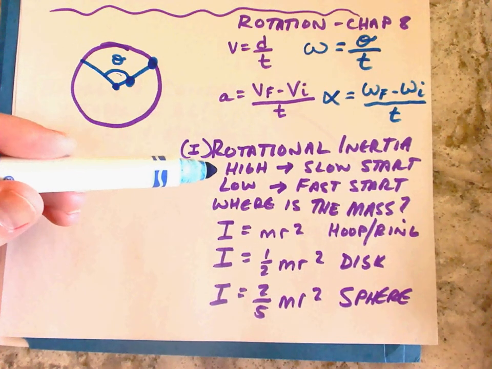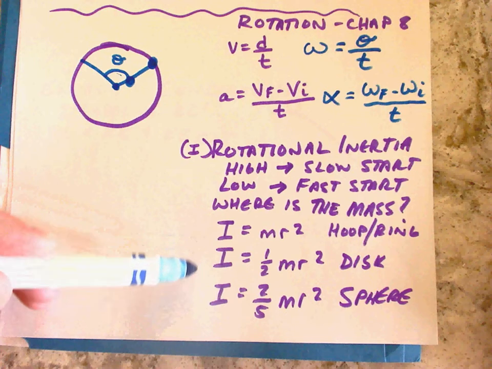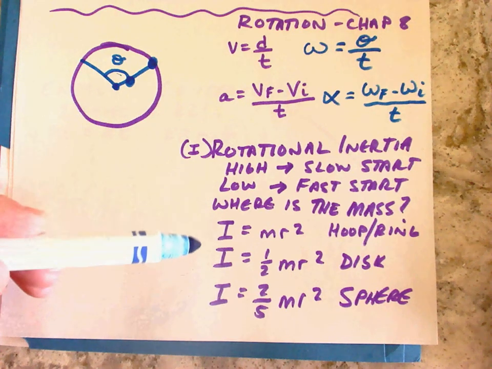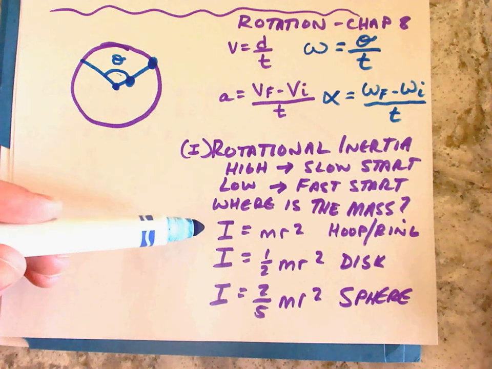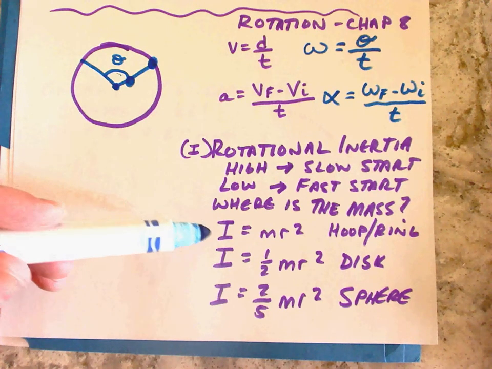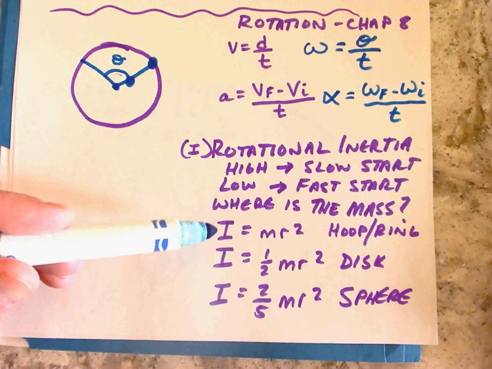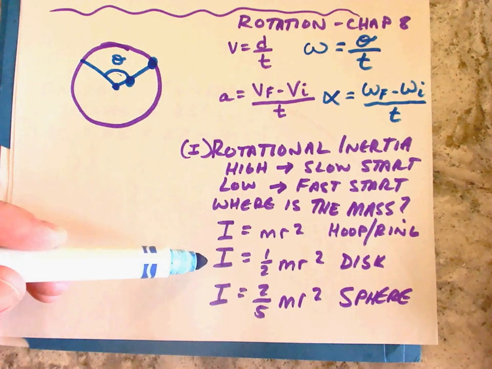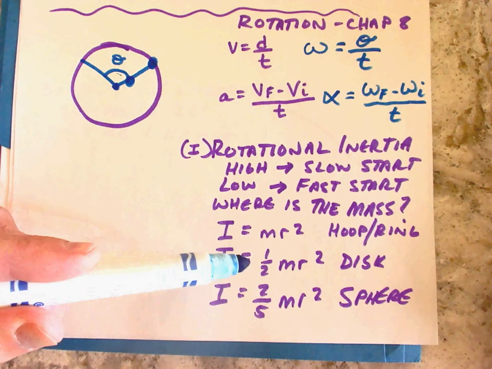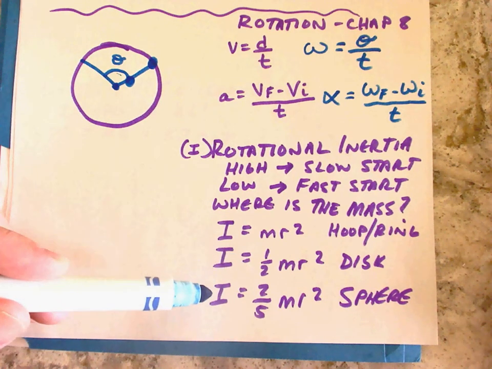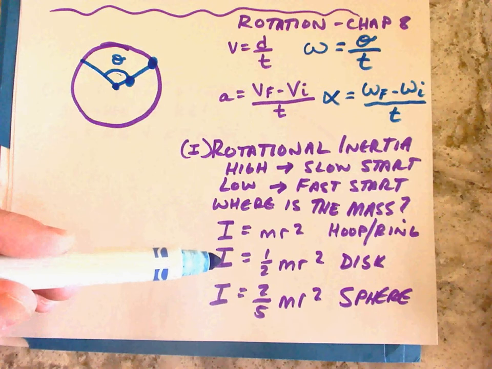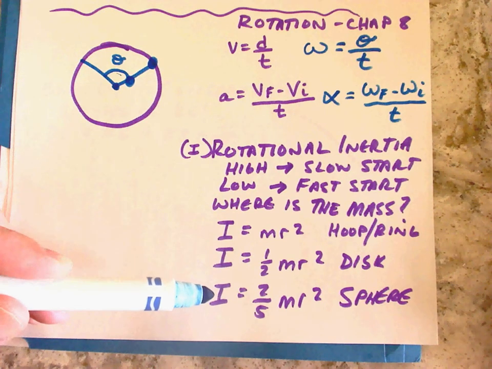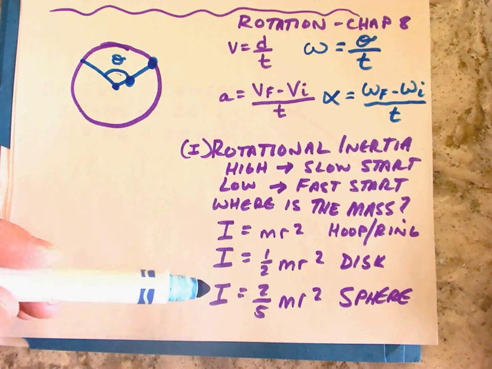And if you remember, we had three equations that helped us deal with that. We had hoops and rings, where the mass is very far from the center, which meant high rotational inertia, which is abbreviated with I, if you guys remember that. Disk puts some of that mass closer to the center, so you've got a 1/2 in there, and then the sphere has the same idea as the disk, only now it's in three dimensions, so that mass is more closely packed in around that center of rotation.